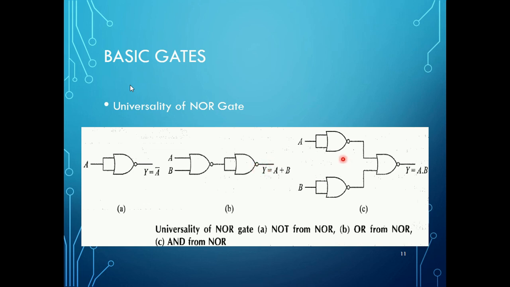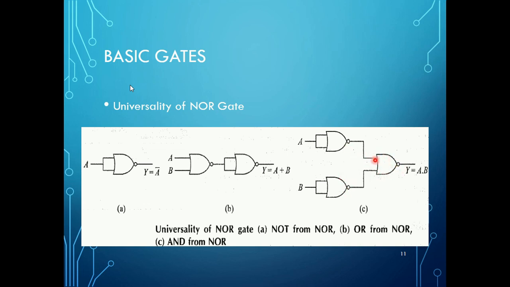And the next is here: two NOT gates you have connected, and one more NOR gate you have connected here. It's like a NOT symbol. Another input B is also here, and it's also like a NOT gate. Two NOT gates you have connected, and for that you have again connected a particular NOR gate.